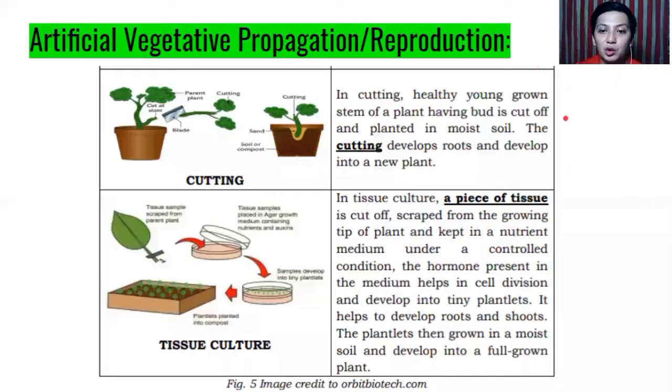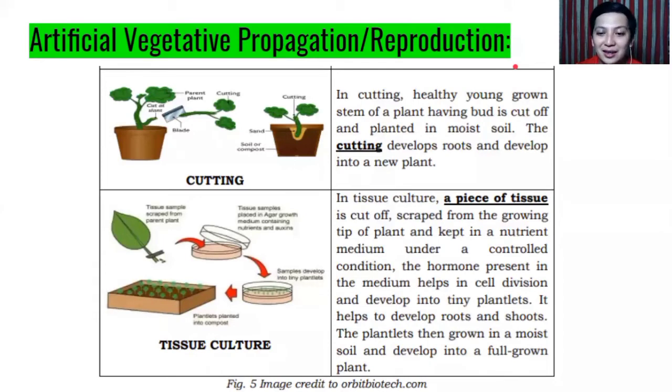In tissue culture, a piece of tissue is cut off, or cropped, from the growing tip of a plant and kept in a nutrient medium. So under a controlled condition, the hormone present in the medium helps in cell division and develops into tiny plantlets. It helps to develop roots and shoots.